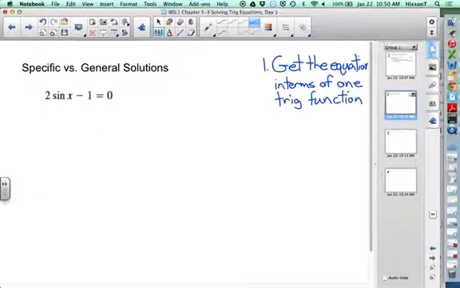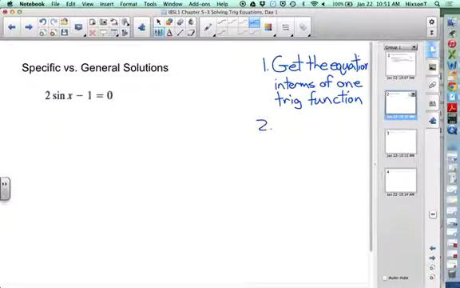If we had a cotangent squared, we could add 1 to both sides and make that a cosecant squared, just using the identities we've been learning. If we use the identities we've been learning, we can transform the equation so that it only has one trig function.